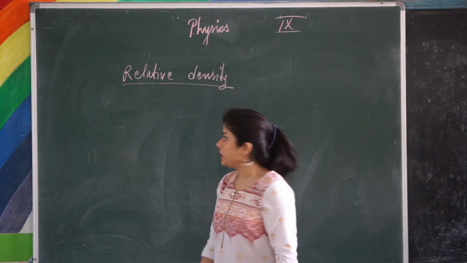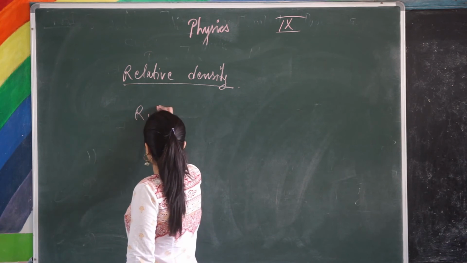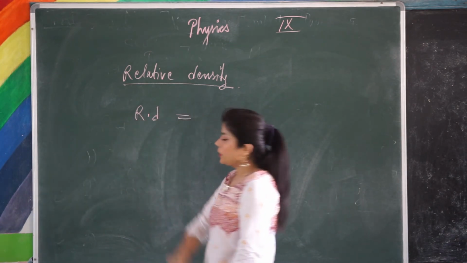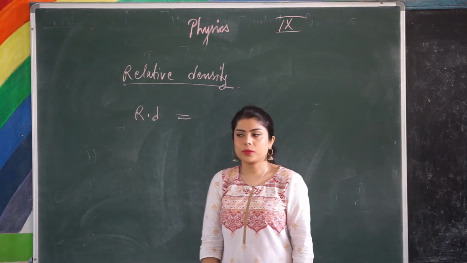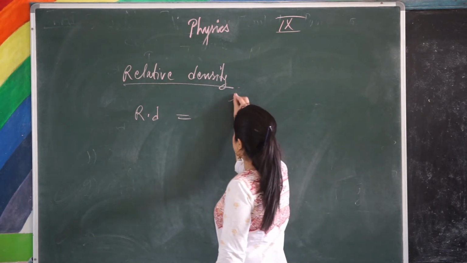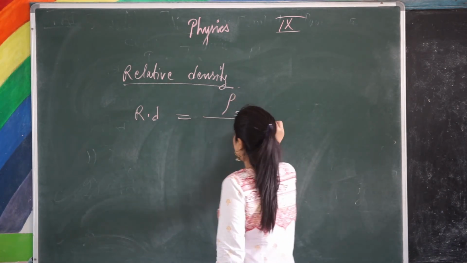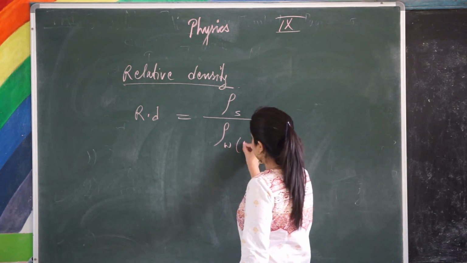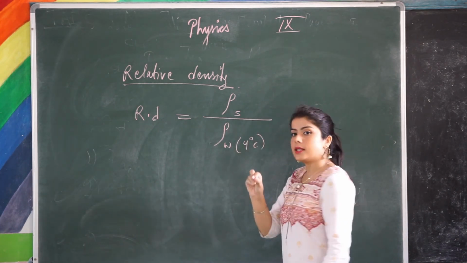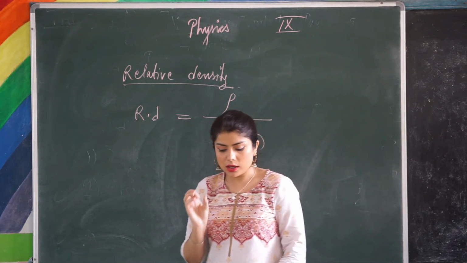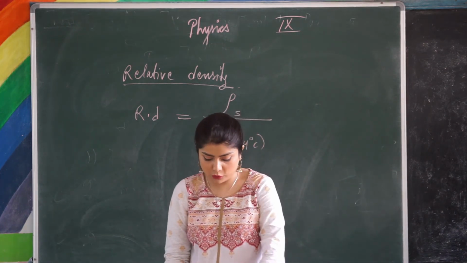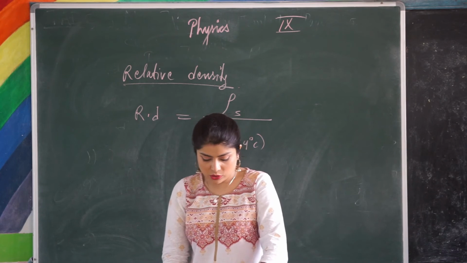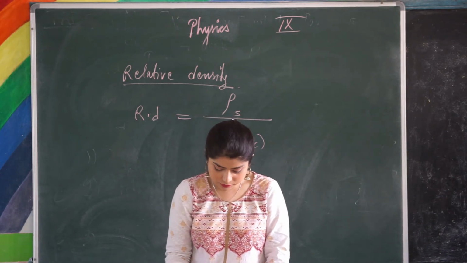If you want to find the relative density, then it will be the density of any substance which you are trying to find divided by the density of water at 4 degrees Celsius, which is an ideal number and which is fixed. So this is relative density.